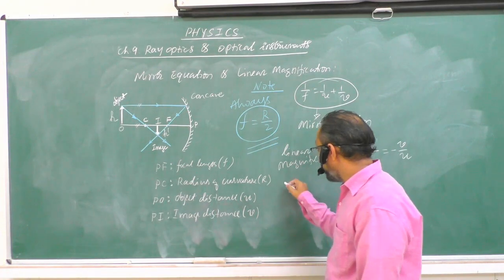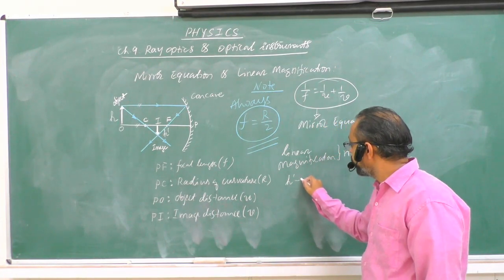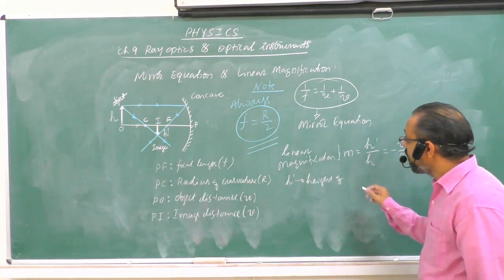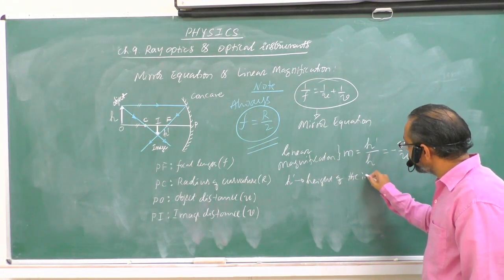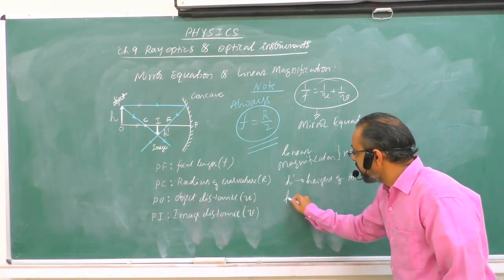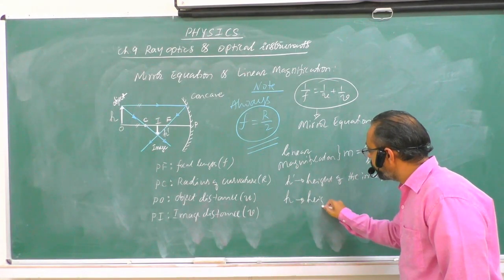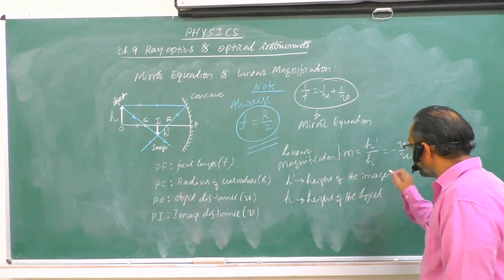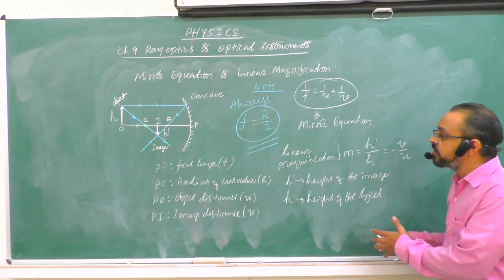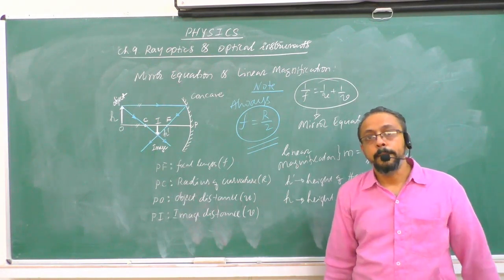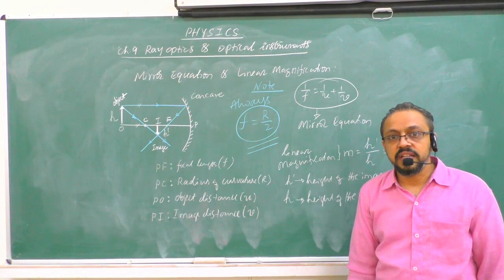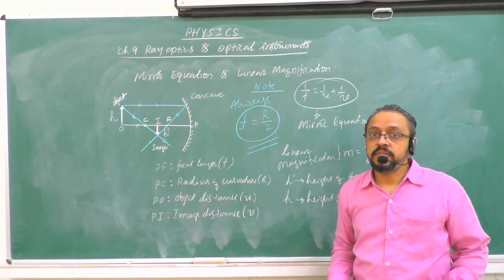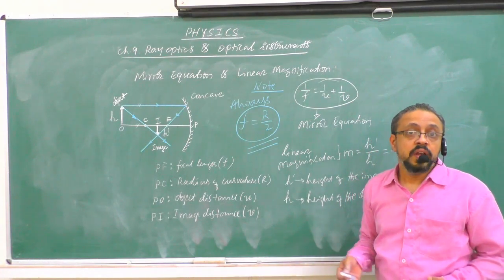So H dash is the height of the image, or size, and H is the height of the object. If you know these terms, you can definitely answer many questions in the examination, and it helps you to do numerical problems and answer many multiple choice questions.